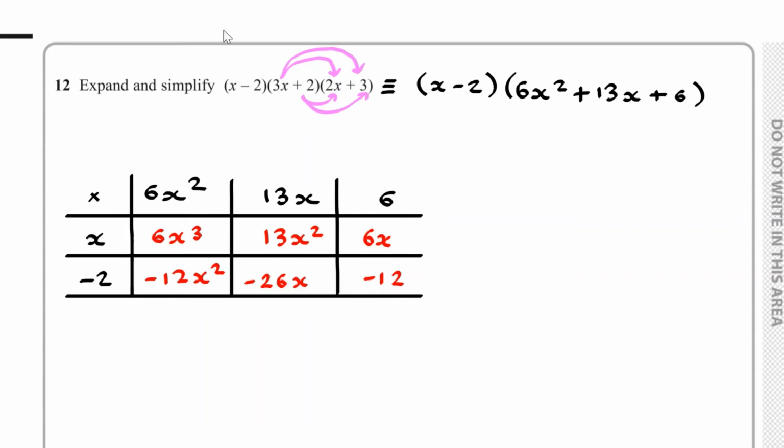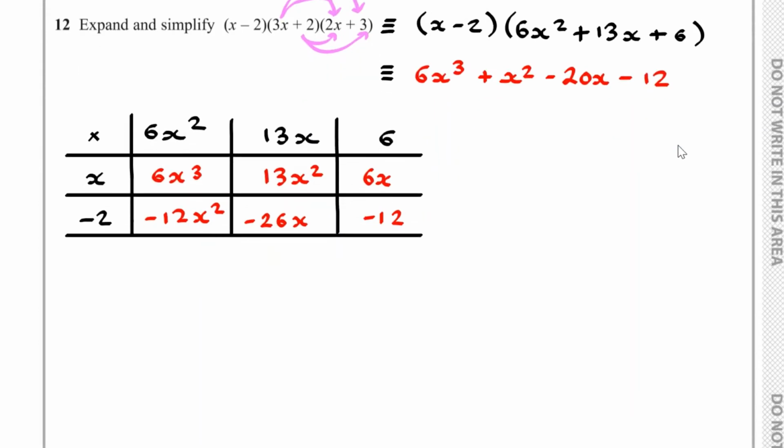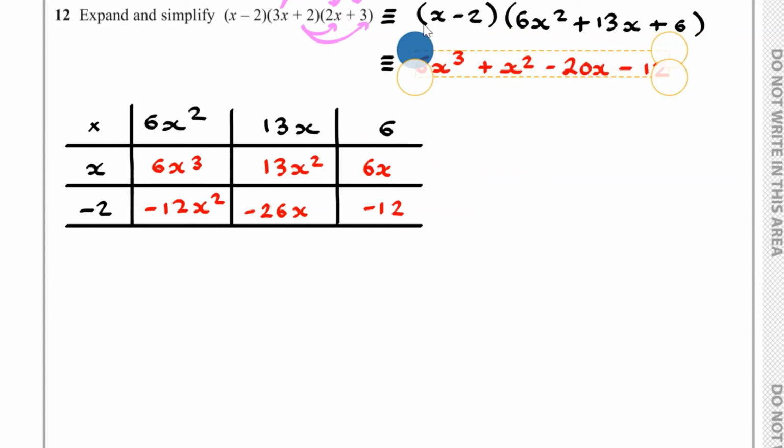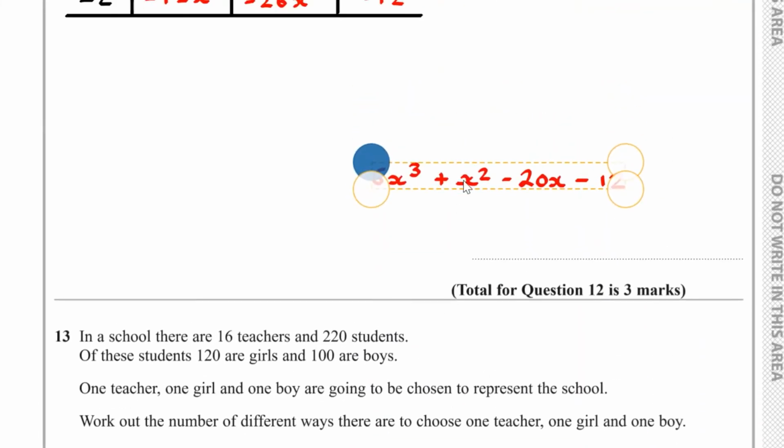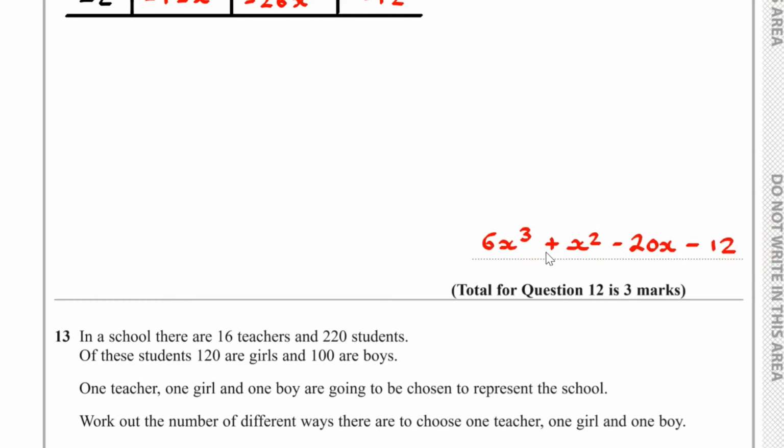So when I collect like terms together, I've got here 6x cubed, and then I've got minus 12x squared plus 13x squared, so that's just 1x squared. 6x subtract 26x, that's minus 20x, and then I've got the minus 12. And so the calculation results in the expression 6x cubed plus x squared minus 20x minus 12.